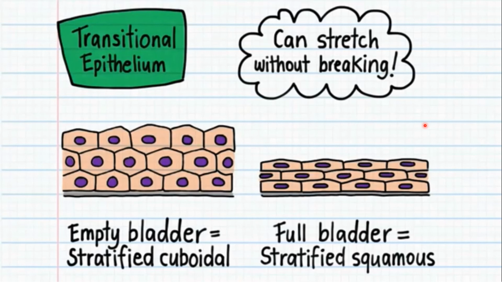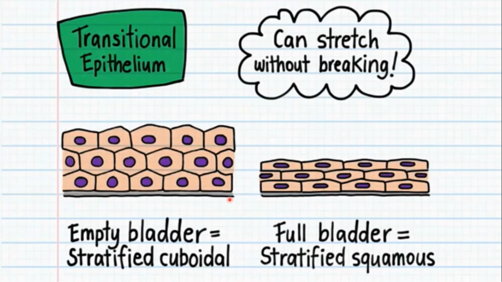The second one is the transitional epithelial tissue. This type of epithelial tissue can be found in your bladder. If your bladder is empty, the shape is stratified cuboidal, but once you drink and your bladder is full with urine, it can change into stratified squamous epithelial tissue.